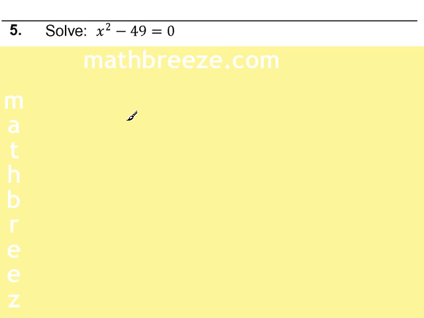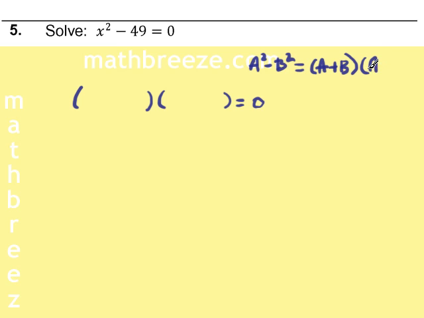Number 5 is a difference of 2 squares, so we'll factor as a difference of 2 squares. Remember the following: a squared minus b squared is equal to a plus b times a minus b. So here we have x squared minus 7 squared, so this factors as x plus 7, x minus 7.